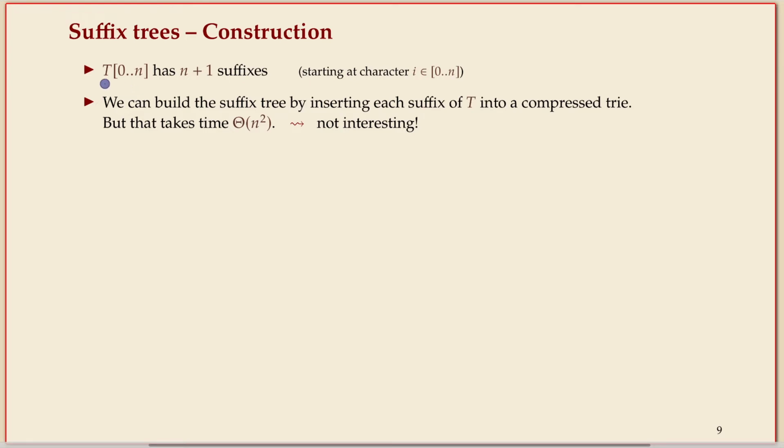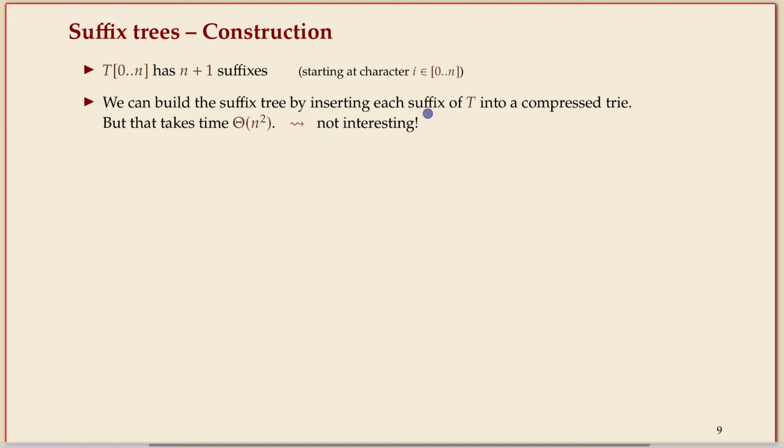If we have a text of length n, so n characters, it actually has n+1 after we added the end of word character. Then the simple route to build this suffix tree is to take each suffix, insert it into a trie, and at the end you have the suffix tree.